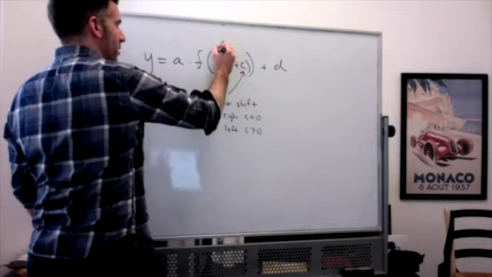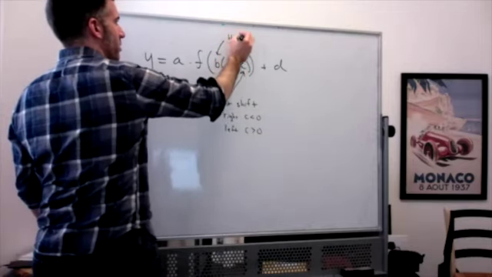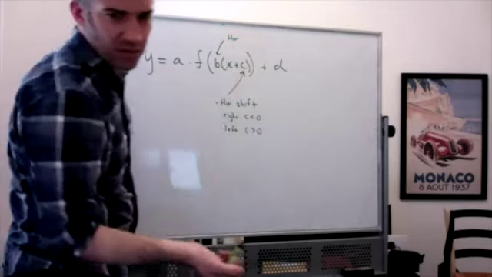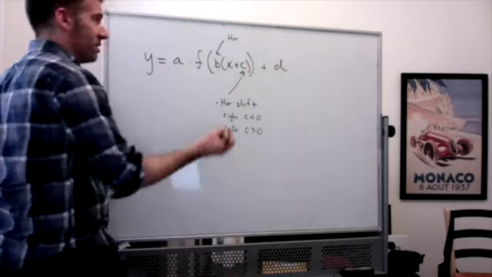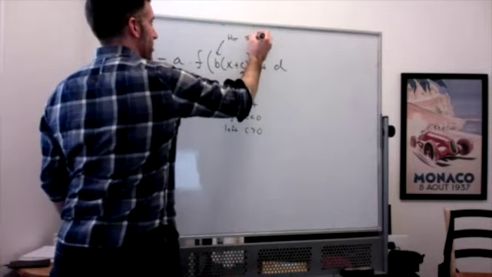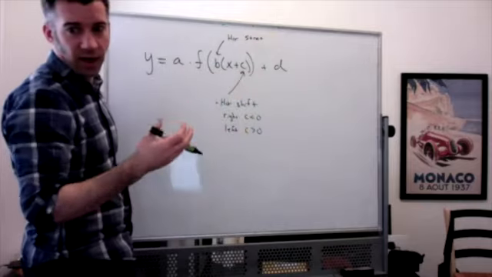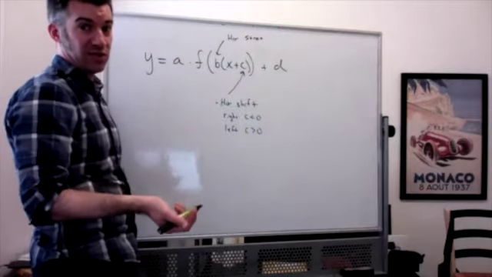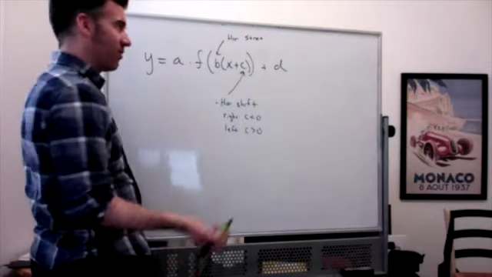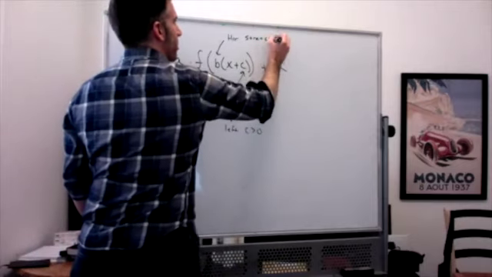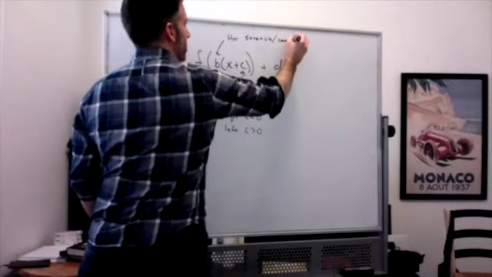The b here is going to be a horizontal, what's the word I'm looking for? I guess I have to say stretch or compression. I think the word for either one is dilation. It's a horizontal dilation. I feel like that word is not particularly wonderful. It's a stretch or compression.